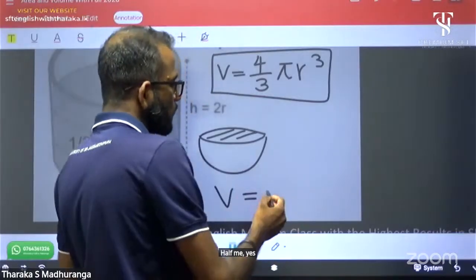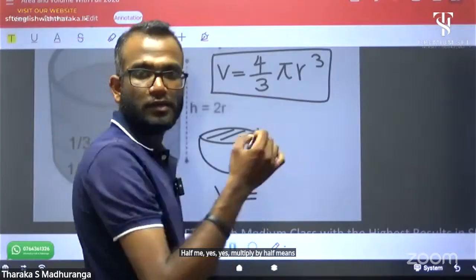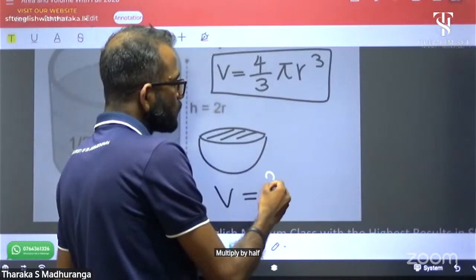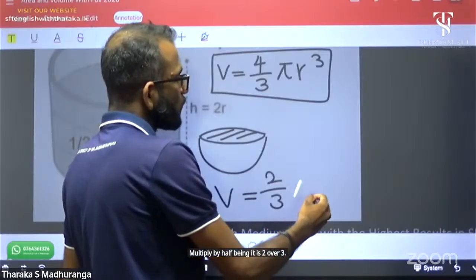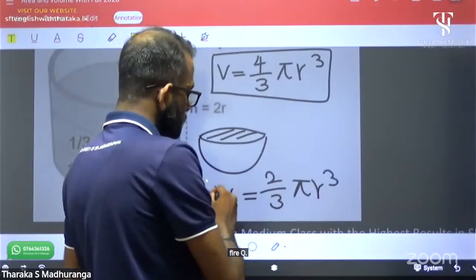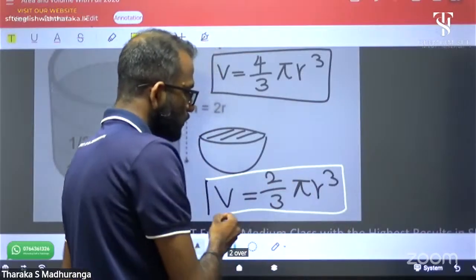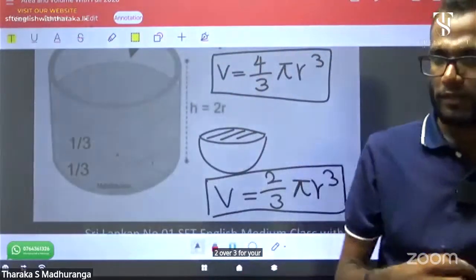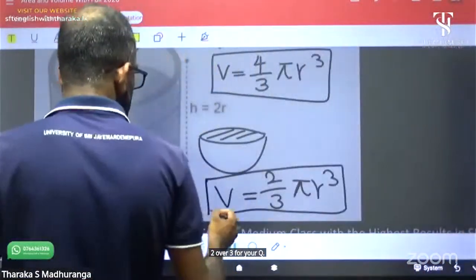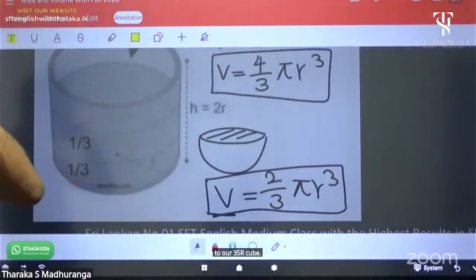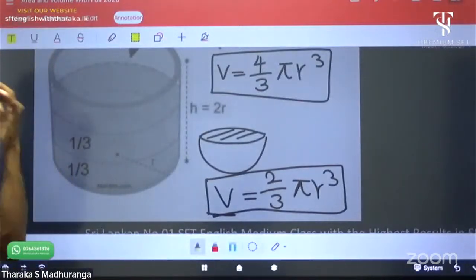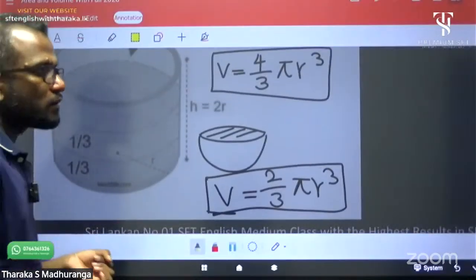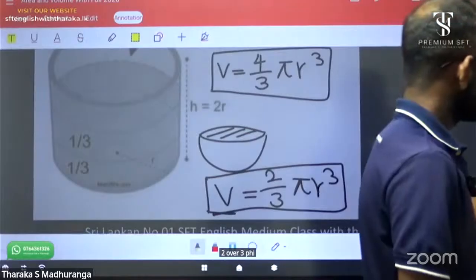Multiply by half, it is 2 over 3 pi r cube.